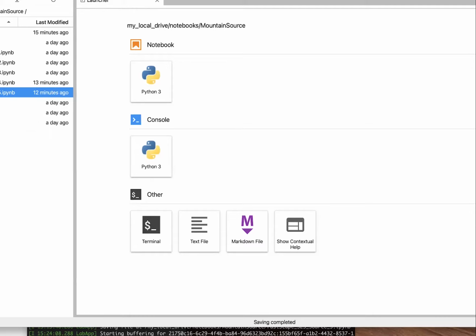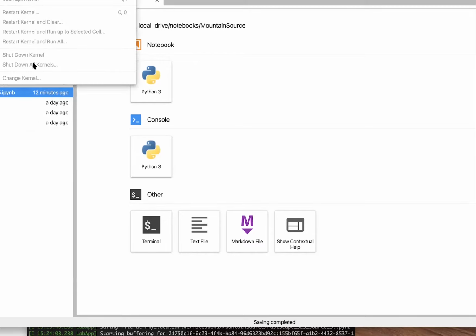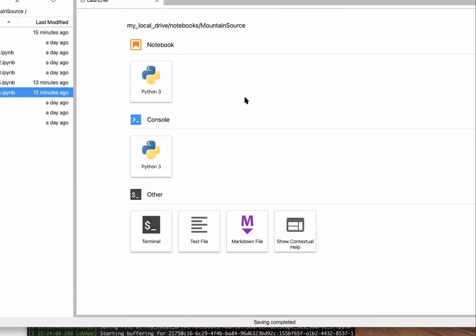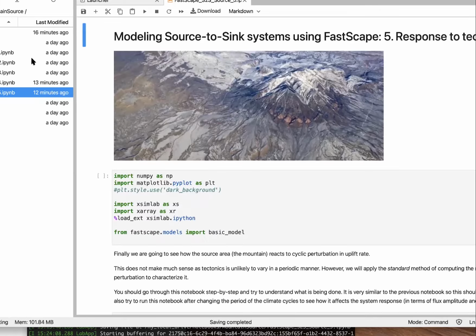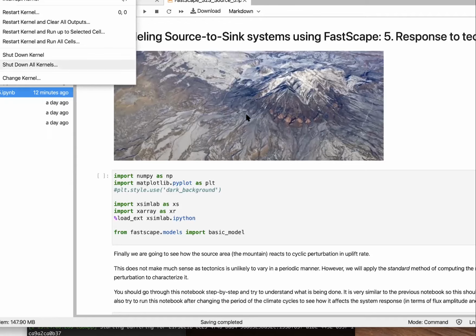There's a kernel running for each notebook. The other thing you can do is interrupt kernel or shut down kernel, but only when you have selected and you are working in a notebook. So if I reopen this one, Kernel, Shut Down All Kernels, that will turn this kernel down. You see it stopped running. That's right, Karen, you can do that.